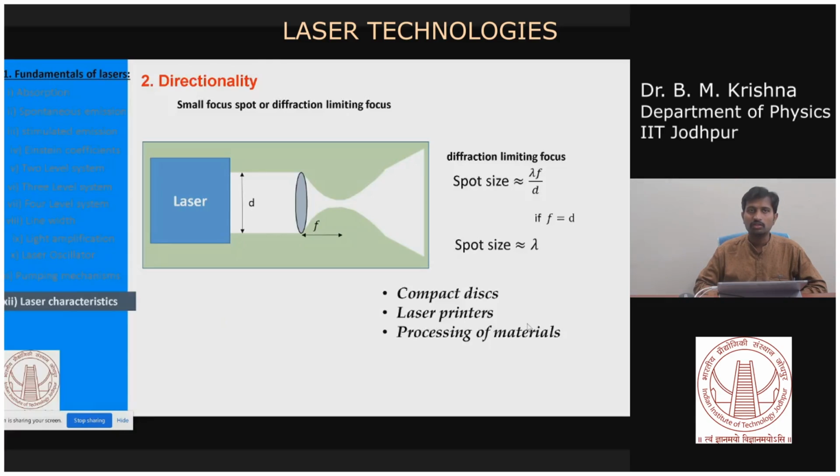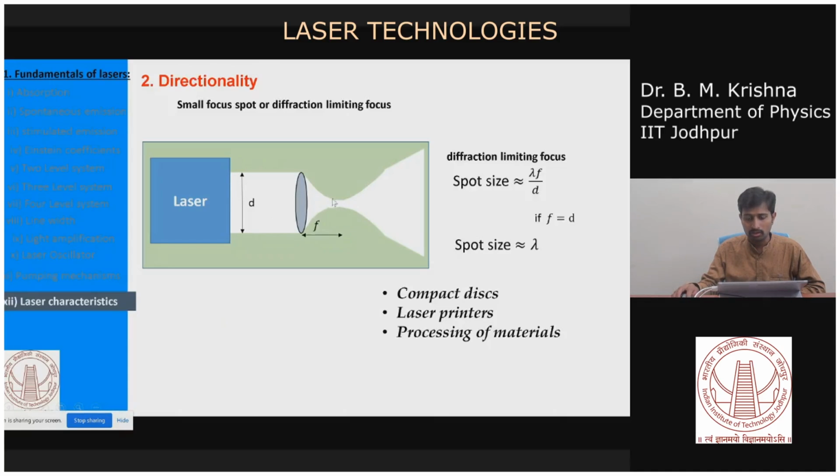At the spot size we will see the intensity is always higher, because all the light, whatever you see, this is our diameter, the diameter d of the beam. All the light with this diameter you are focusing to a tiny spot.